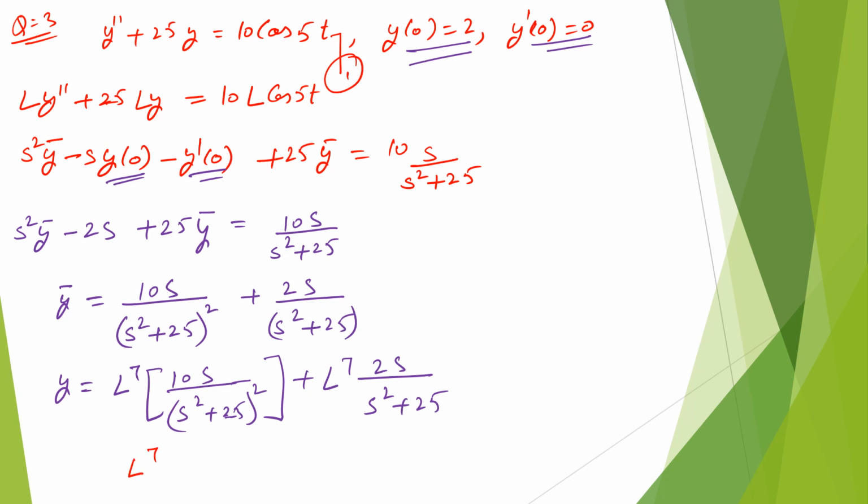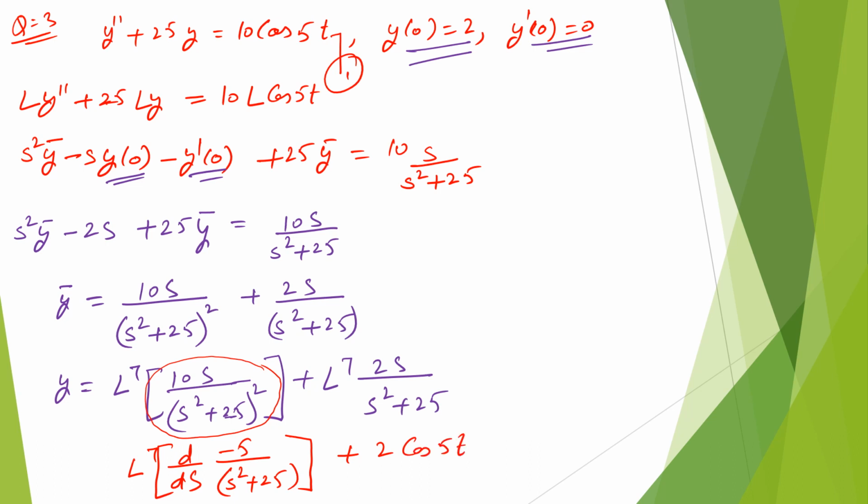To find the solution of the first term, either we will use the convolution theorem or we use the differentiation formula, d/ds of −5/(s² + 25), plus 2 cos 5t.